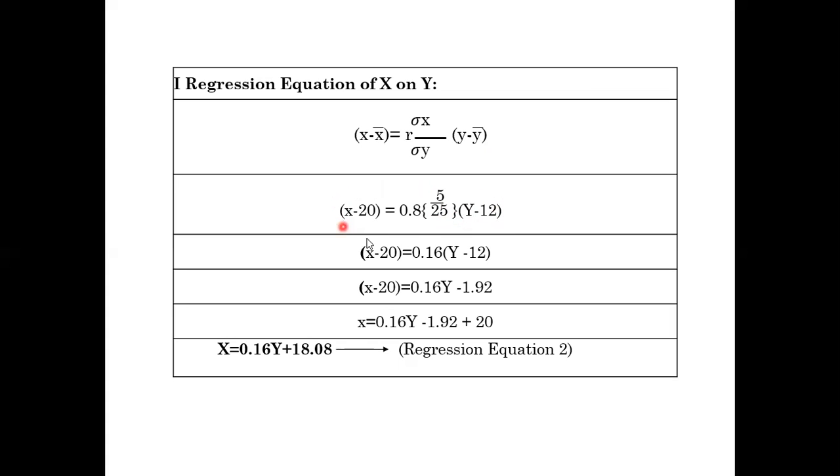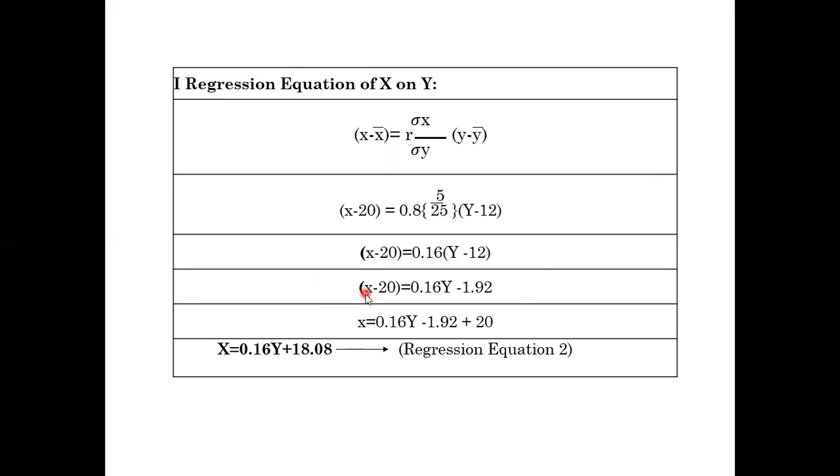Now we have to substitute in this formula. x minus 20 is equal to 0.8 into 5 divided by 25. You will get 0.16, into y minus 12.